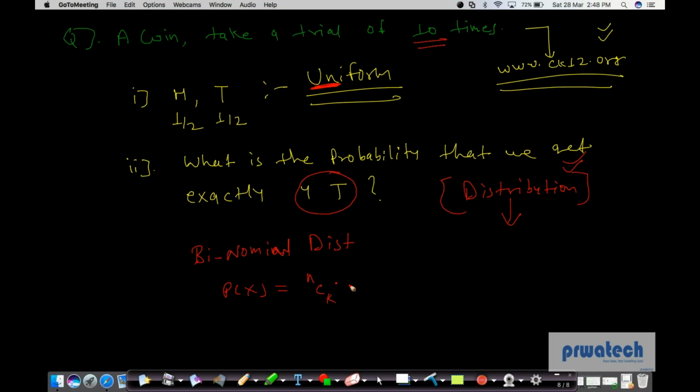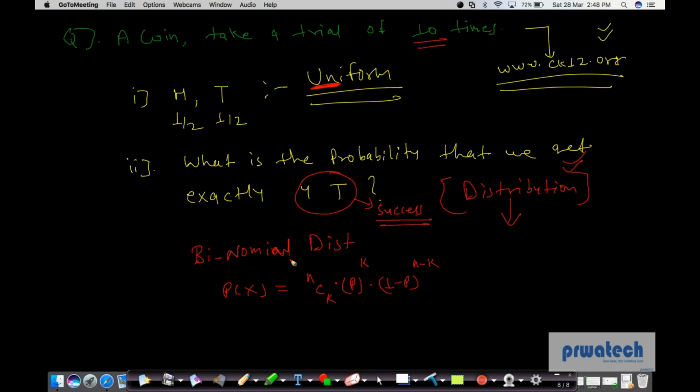And then we calculate the probability of getting tail, because I consider this tail as a success now. Whatever is coming in the question, consider it as a success. So if this is a success, what is the probability of getting k? If I get k times tail, it is p to the power k times (1 minus p) to the power n minus k.